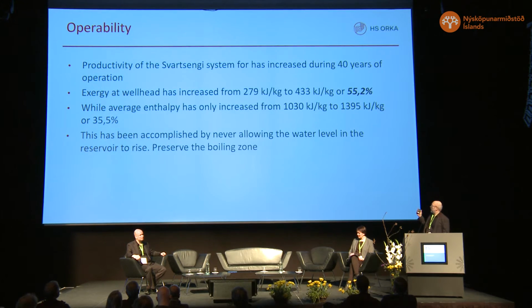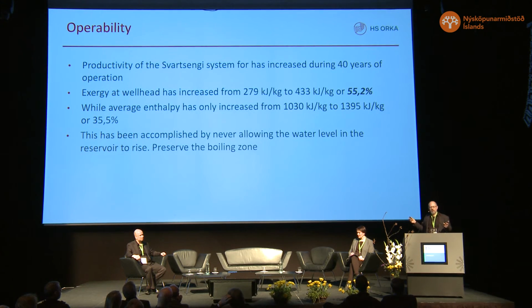So because of this drawdown and the growing steam zone or two-phase zone, we have increased the enthalpy and especially the exergy. The exergy is the physical number for how much power it can produce.